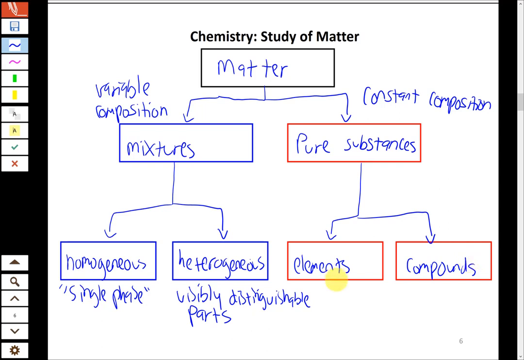But at the moment, we can say that an element is a substance that can't be broken down further. If you do any sort of chemical or physical treatment of that substance, if you heat it up or try to decompose it, it's not going to change its composition. Whereas a compound is a combination of elements, so it has more than one element in it.